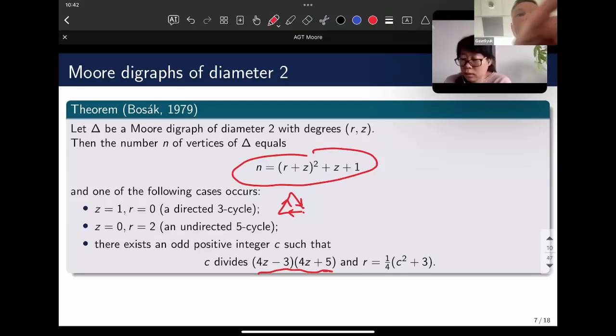So in particular, if we substitute z equal to 0 in the last case, then we will have r equal to 3, 7, and 57. So this theorem also covers the undirected case. We can recover the Petersen graph, the Hoffman-Singleton graph, and the valency 57 graph from the last statement of this theorem.